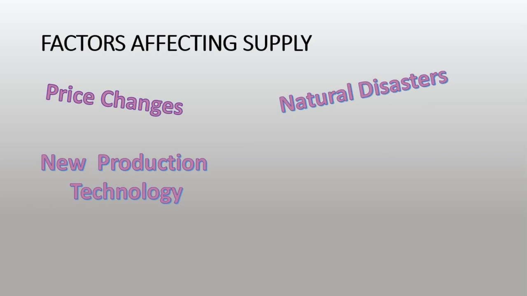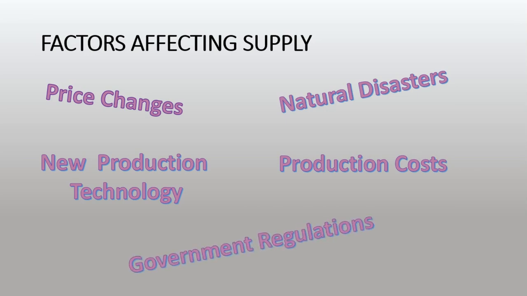New production technology, whether businesses are bringing in new production methods to improve or increase production. Production costs, trying to keep them as low as possible so that it does not affect your supply. And government regulations, whether government regulations are hindering or expanding the production of certain goods.